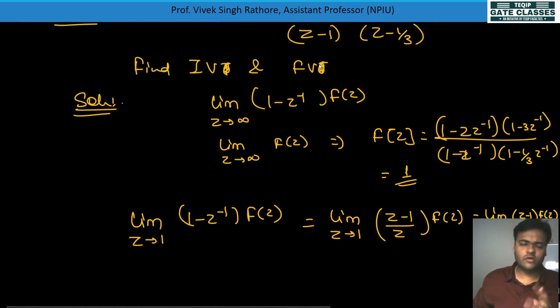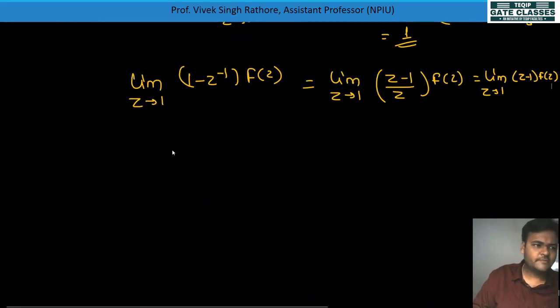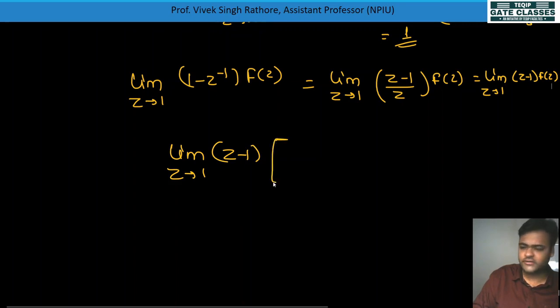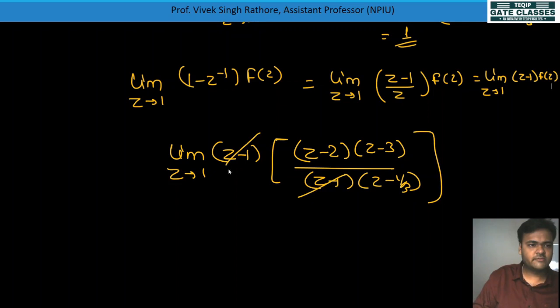Any one of these three you can write. I think the third one is more significant. So ultimately we can write limit z tending to 1, z minus 1 into F of z. F of z is nothing but z minus 2, z minus 3, z minus 1, and z minus 1 by 3. So z minus 1 and z minus 1 are cancelled.